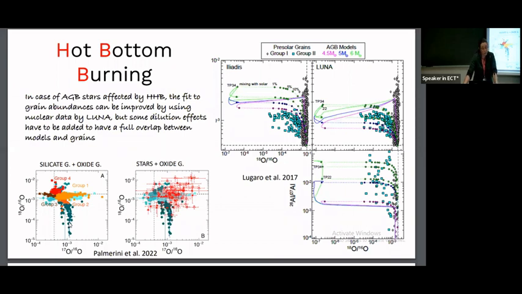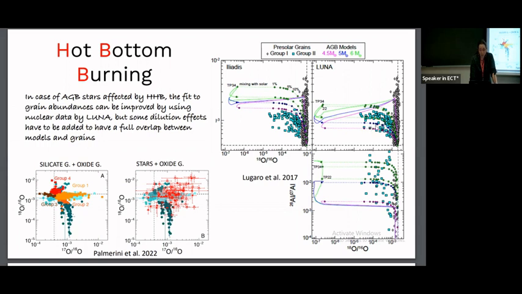If it's so, when we try to fit these grains, we should also take into account this dilution effect. So, in the conclusion of the paper by Lugaro et al. 2017, the first answer is yes, if we use the new oxygen 17 p alpha reaction rate, the fit to the oxide grains due to hot bottom burning is better, is improved, right?